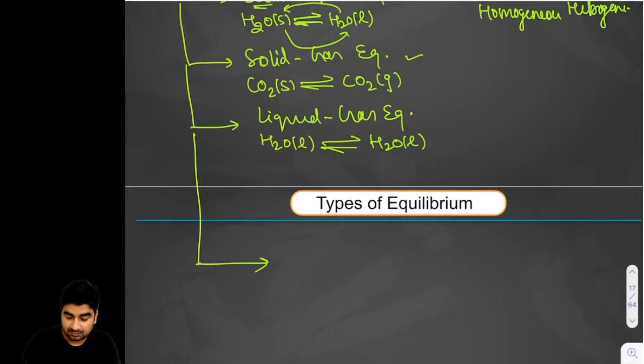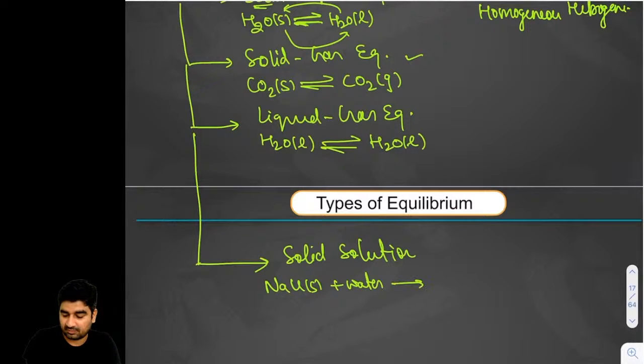Now I'm taking solid-solution. So what is solid-solution, guys? Again, you can take NaCl plus water and it will give you NaCl aqueous. This solution can be saturated, or you can say sugar plus water.